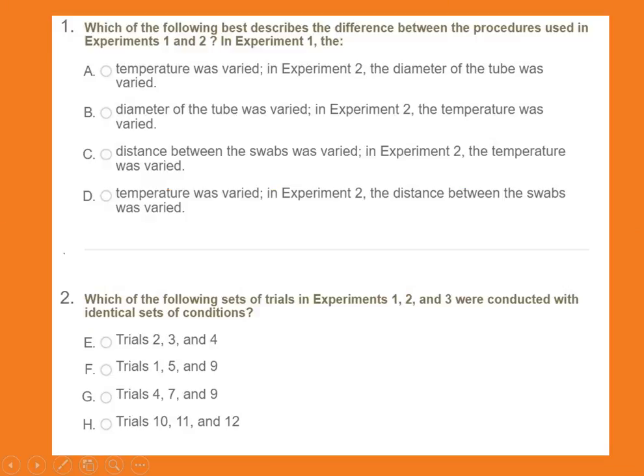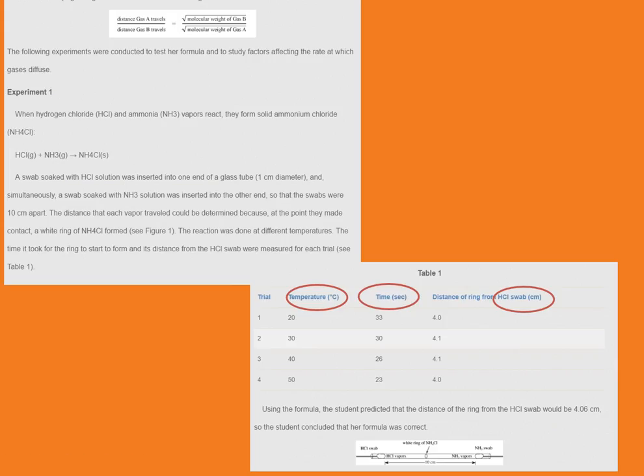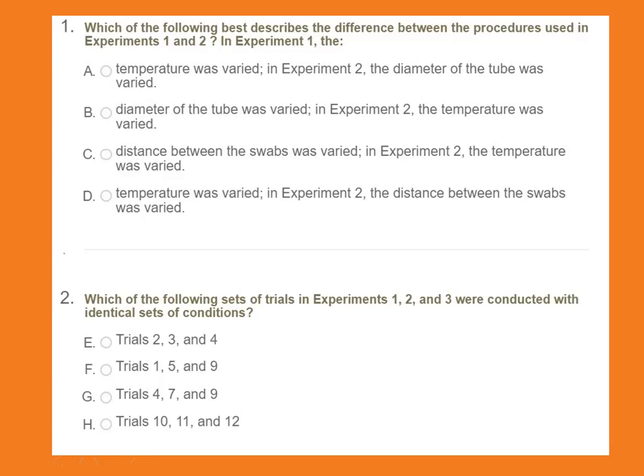So all we're going to do, trials 2, 3, and 4, we look at these and see if they've got the same sets of conditions. Now bear in mind, and you probably know this already, but these are the 2 things that the person conducting the experiment can control. This is what changes. Distance of ring from the HCl swab. So we're looking at 2, 3, and 4. Are they at the same temperature? No. Are they at the same time? No. So we're going to go ahead and say no to those.